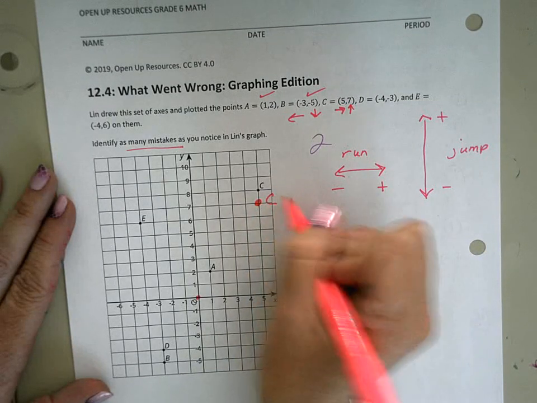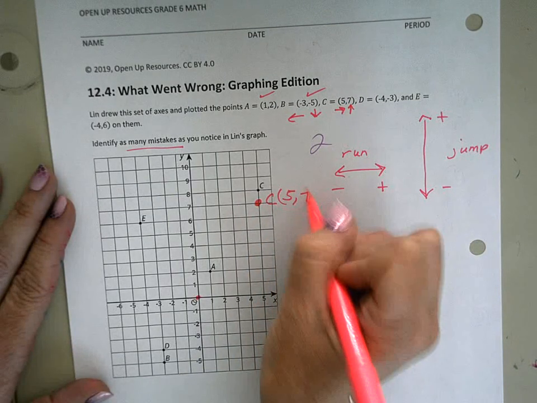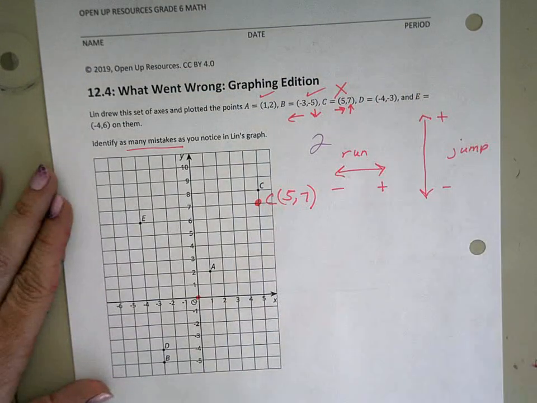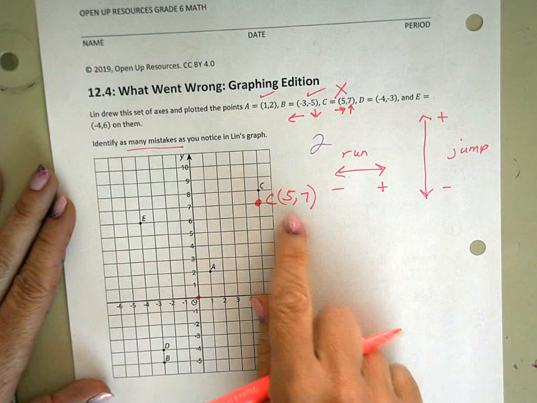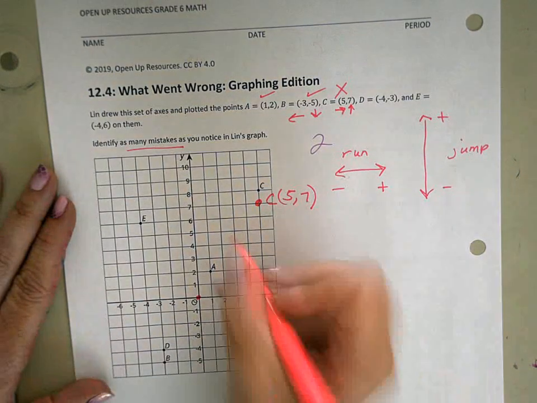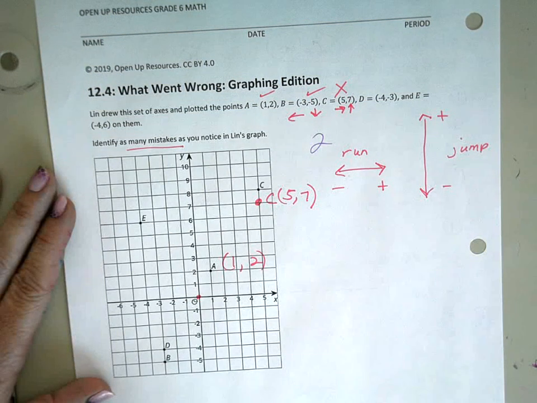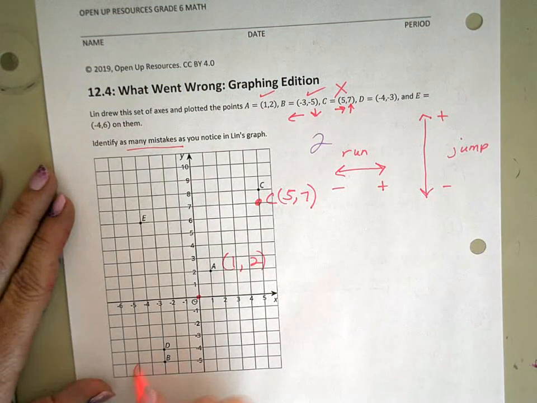C should actually be at (5, 7). So that is one mistake. So I'm going to mark that it's wrong, and I'm also going to plot the point. I might even, for A, just reinforce these points with you by making sure that I also list those coordinates.